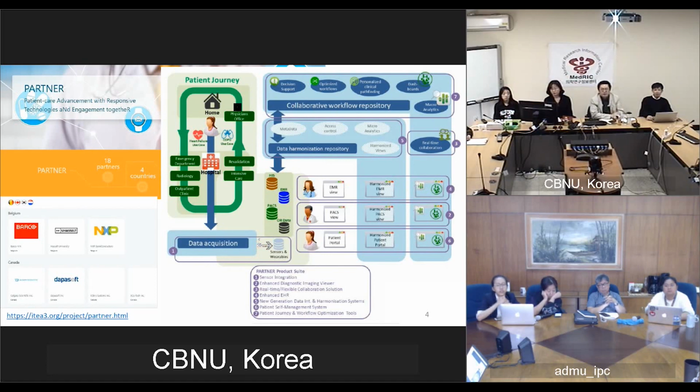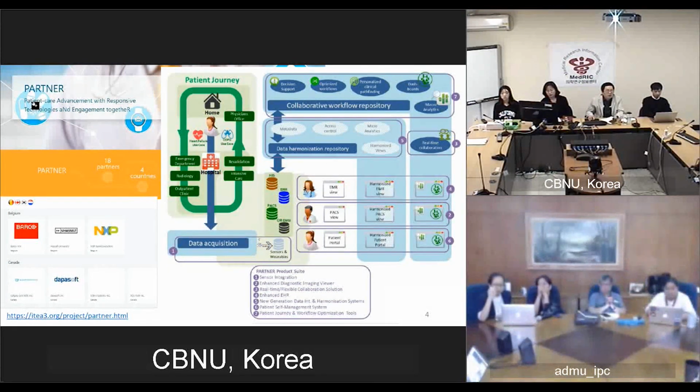But that is only when they come to the hospital, a very narrow point in time, so we do not have any data when the patients stay at home or their residence. So we would like to monitor their condition as long as possible by using wearable devices. This project is called PARTNER, which stands for Patient Care Advancement with Responsive Technologies and Engagement Together.